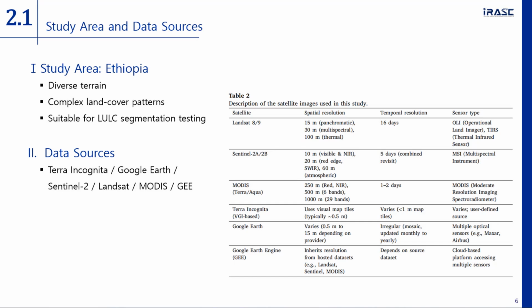For this presentation, we don't need to explain every band or spatial resolution in detail. The key point is that high-resolution satellite images are the core data for detailed semantic segmentation, while medium or low-resolution data can provide additional spectral, temporal, or contextual information.